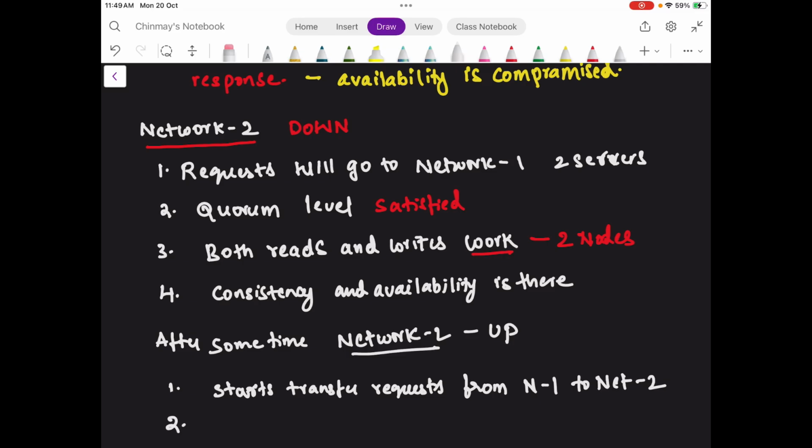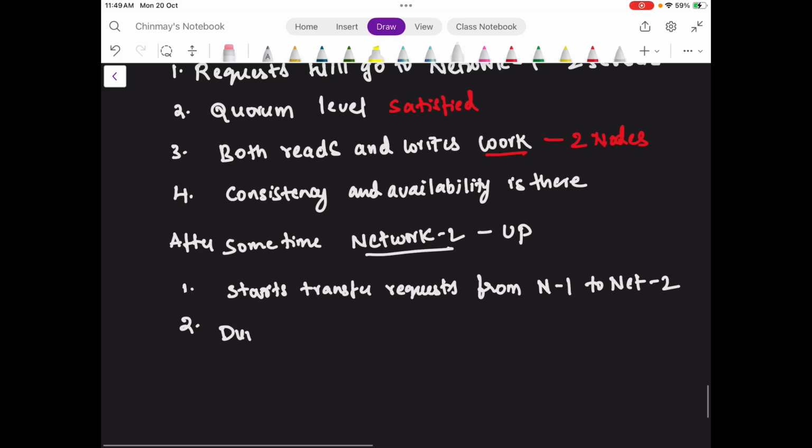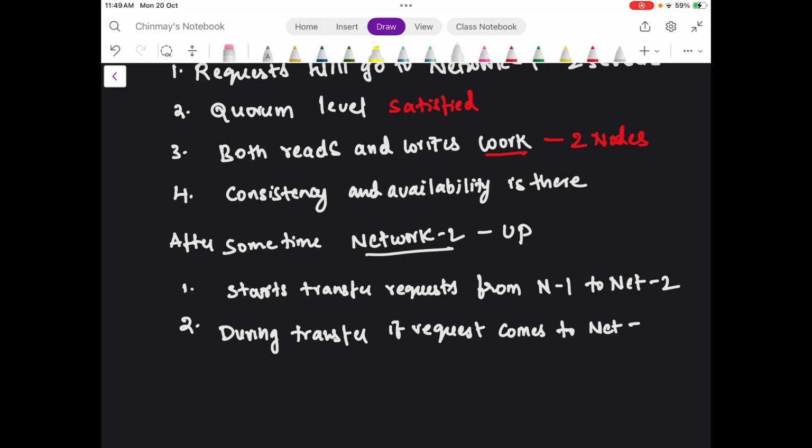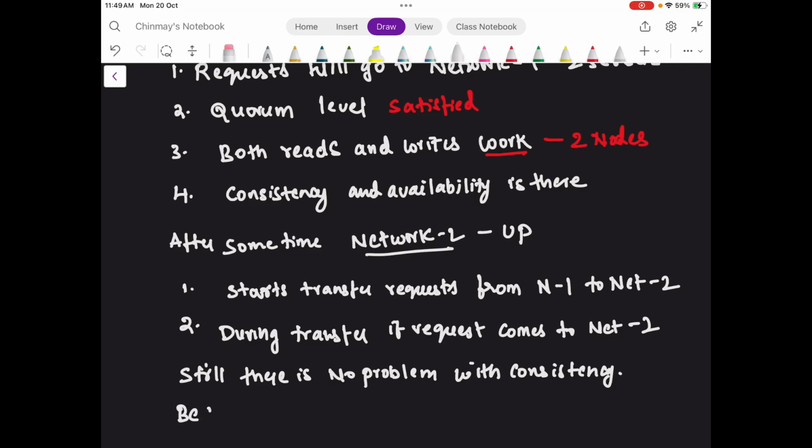During the transfer, if a request comes to network 2, there is still no problem with consistency, because the quorum level is 2.